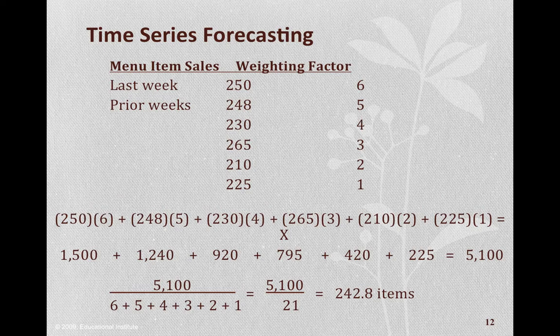And then you're going to average that out based on that weighted factor. Do you see that? 6 plus 5 plus 4, and so on. So you have 5,100 divided by 21. And the weighted factor for time series forecasting is 242.8. Now that would be different than if you averaged the 250 and so on in a traditional method.